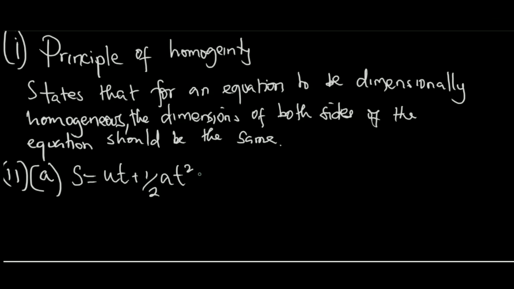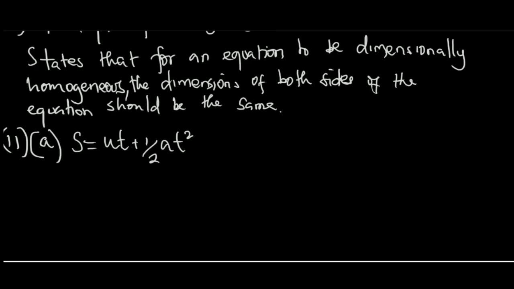Now from the statement we've just given, we've said that for an equation to be correct, or rather dimensionally homogeneous, left hand side should be the same as right hand side. So I mean that what we're going to get for this equation dimensionally should be the same on both sides of the equation. So let's provide the dimensions of each side. So let's start with left hand side.